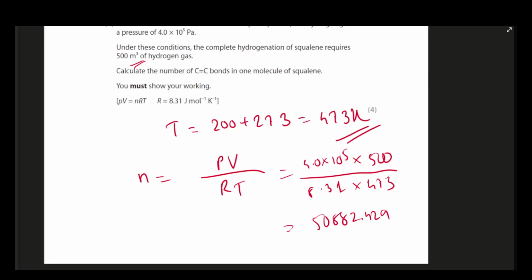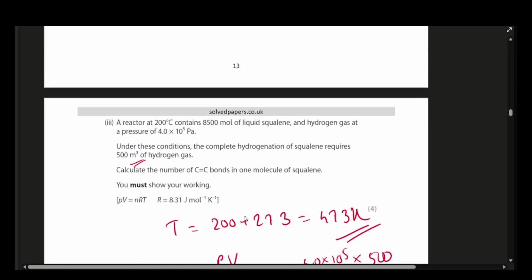Now you know the number of moles, all right? And the squalene moles, they have already told you, is 8500, right? And they told you to calculate the number of carbon to carbon double bonds in one molecule of squalene. All right, so let us first find the ratio of these moles.